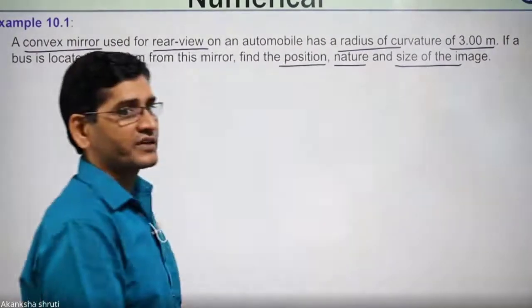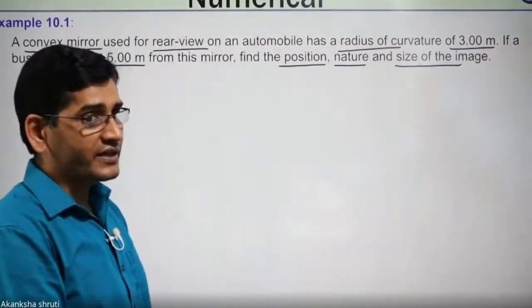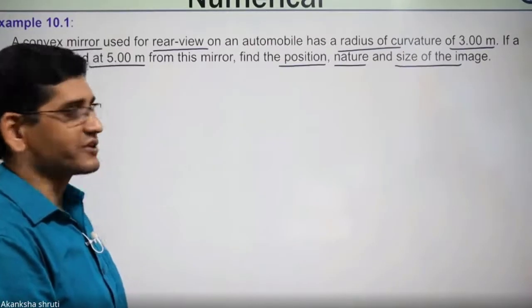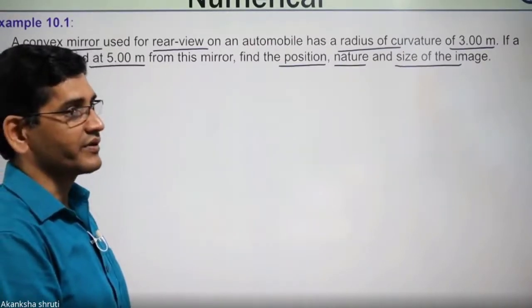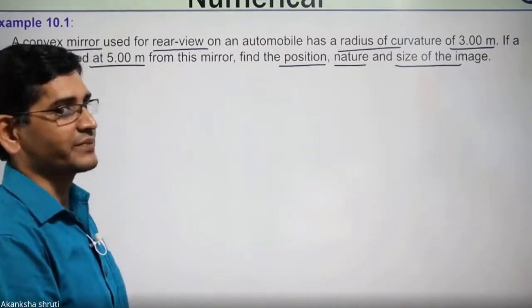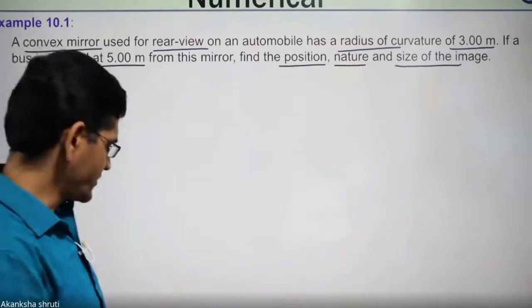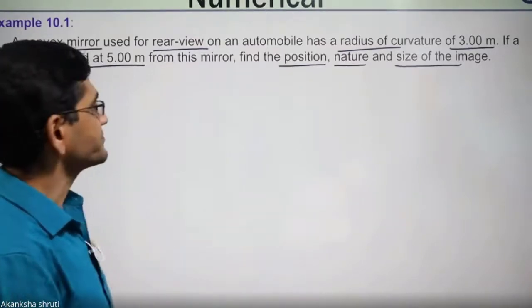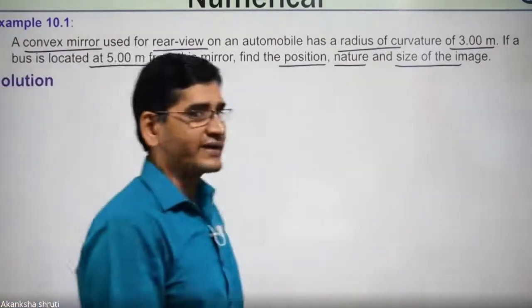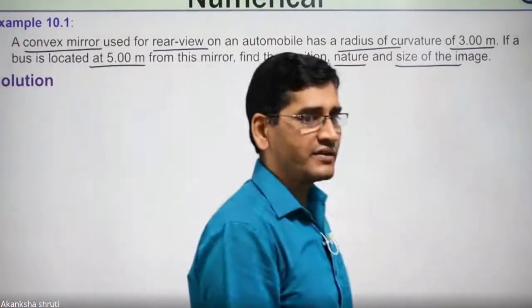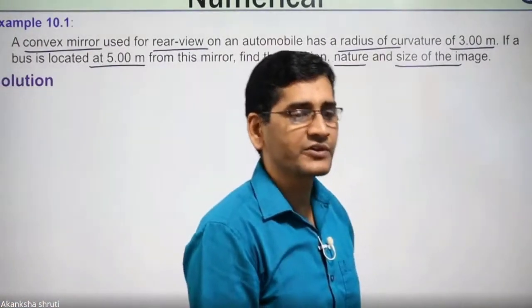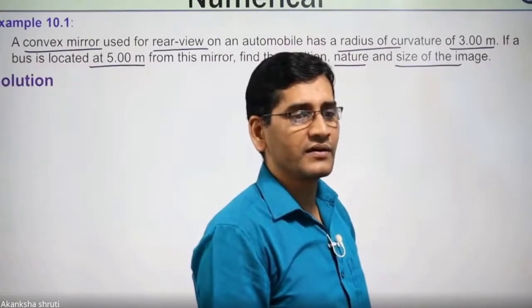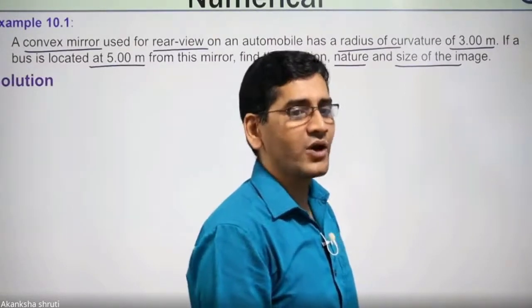We have to predict all these things, not by drawing the ray diagram, but by using the mirror formula and mathematical calculation. Students, very easy. For solving the numerical, first we have to collect the data. What is given? Then we have to search for the formula.